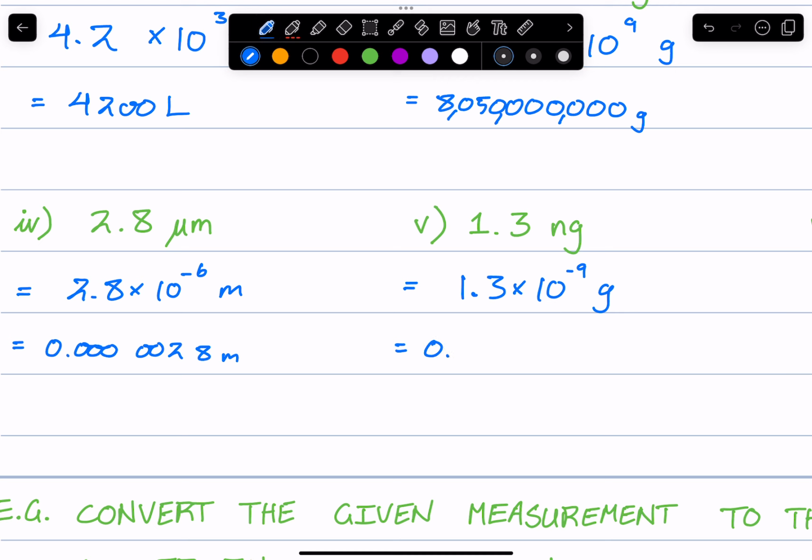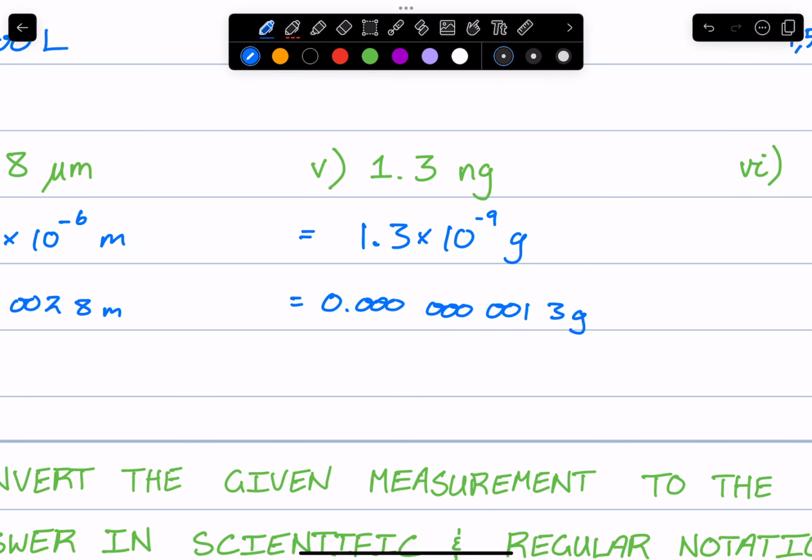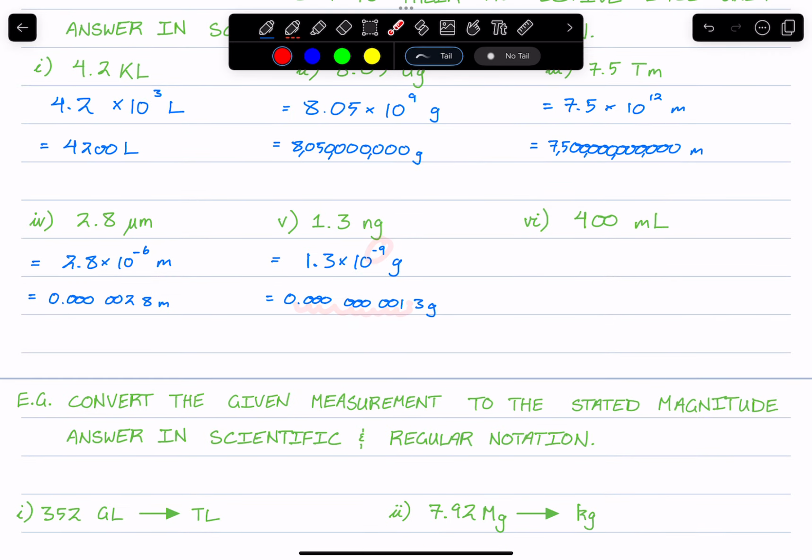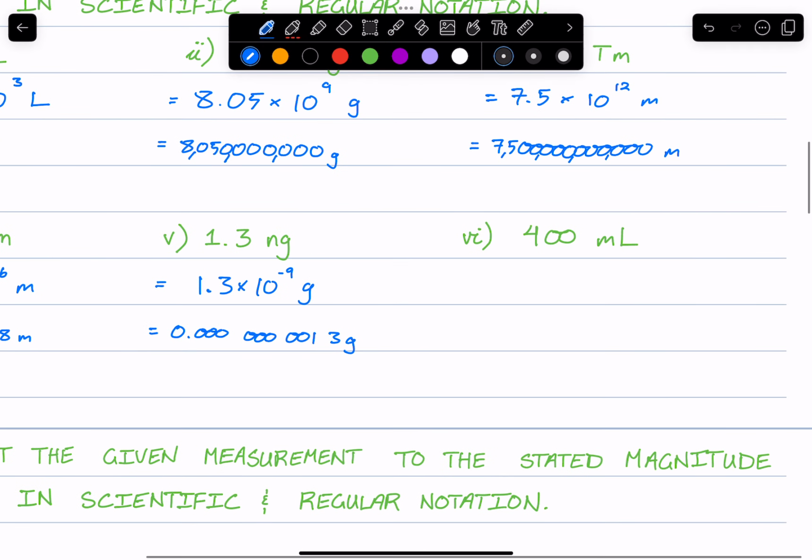So 1, 2, 3, 4, 5, 6, 7, 8, 9, 1, 3 grams. You can always double check. So 9 spaces: 1, 2, 3, 4, 5, 6, 7, 8, and 9. Good.